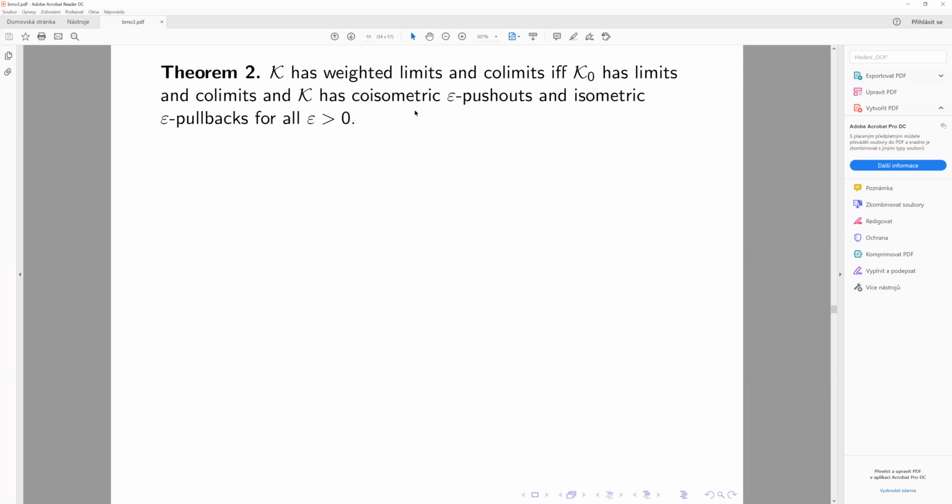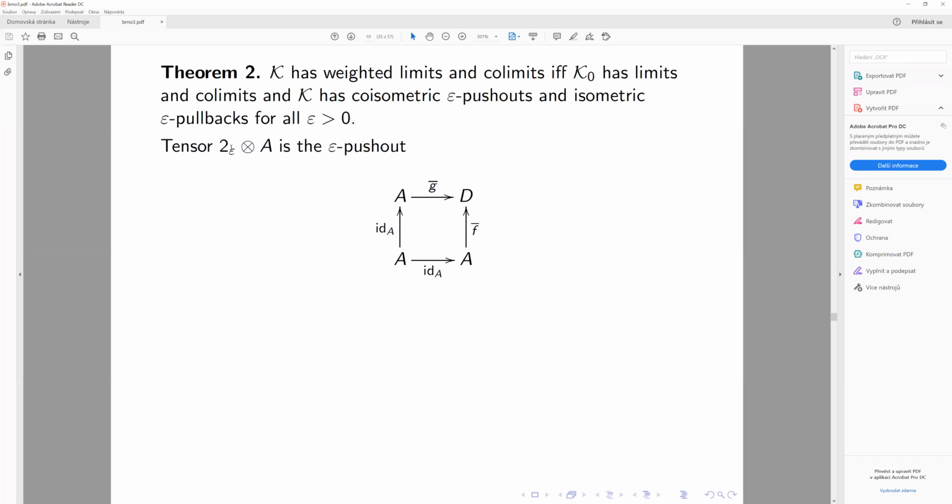So why is it true? Whenever your category K0 has limits and colimits, what do you need for weighted limits and colimits? You need the conical ones, but also you need tensors and cotensors. And the point is that the tensor is an epsilon push-out.